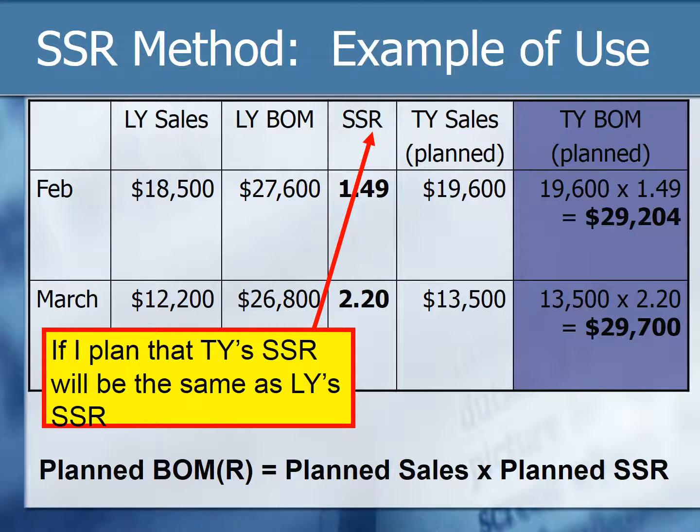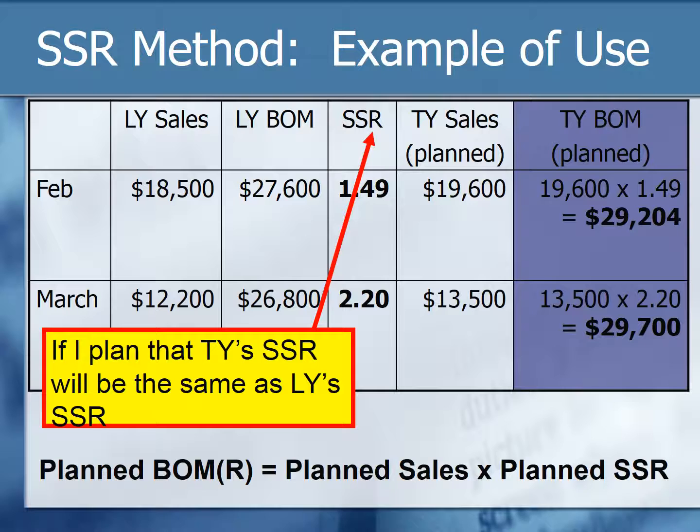Then, if we plan that this year's SSR will be the same as last year's SSR, in our recollection of last year's performance, if there was nothing wrong with the way the inventory moved through the store in February and March, that means our SSR in February and March last year were kind of good, right? So if we plan to have the same level of SSR for this year, we utilize that SSR for planning this year's BOM. How do we do that?